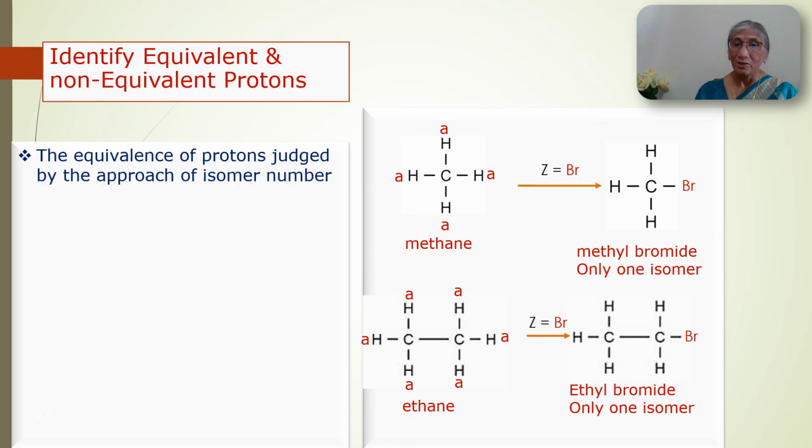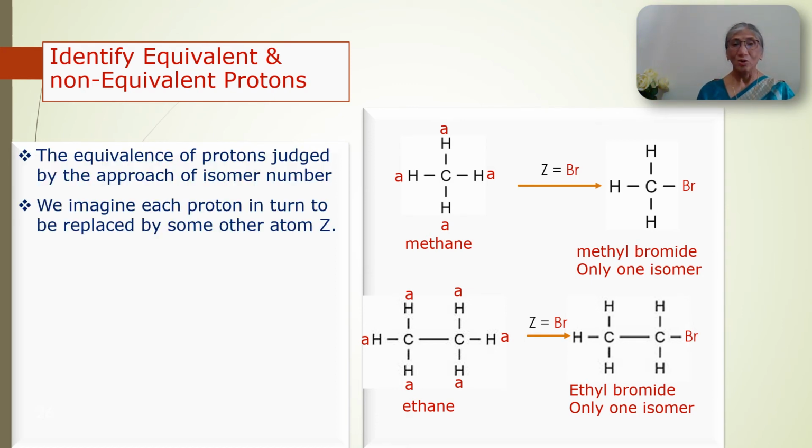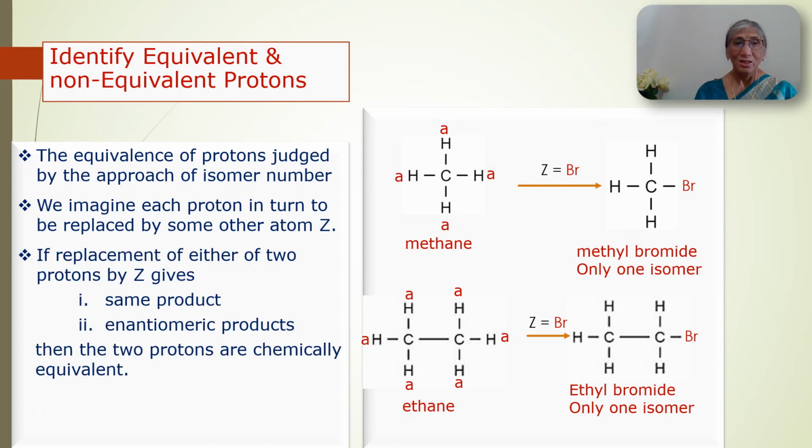So we see that all the 6 protons in ethane are equivalent. So when the replacement of any number of protons gives the same product or enantiomeric products, then the protons are chemically equivalent protons.